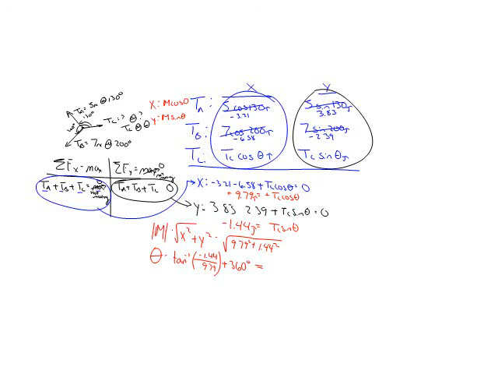9.79 squared plus 1.44 squared. Notice that I didn't include the negative on the magnitude one. This negative disappeared because it's going to disappear anyways when we square. Okay, I got 9.89. And that's in newtons.